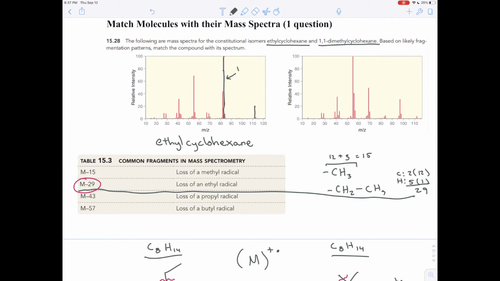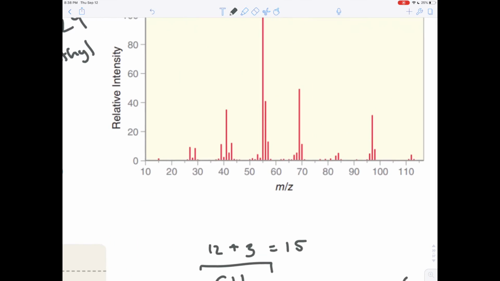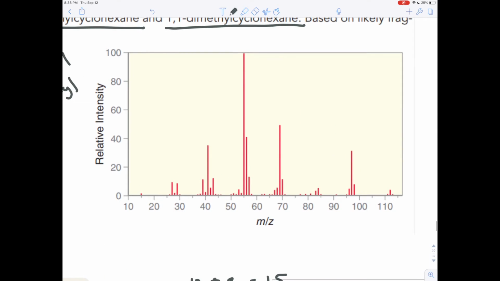This is the molecular ion peak minus the 29, in other words, minus the ethyl group. The molecular ion minus the ethyl group. Compare that with this spectrum on the right.